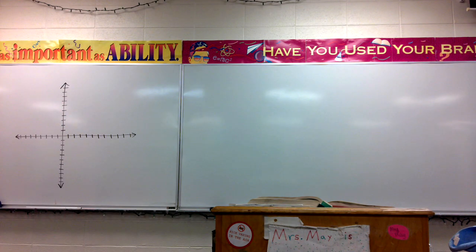So in the last chapter, we graphed things like this. Remember when we graphed x greater than or equal to 3 on a number line? If it was just x equals 3, we would put a dot right there. That's x equals 3, right?